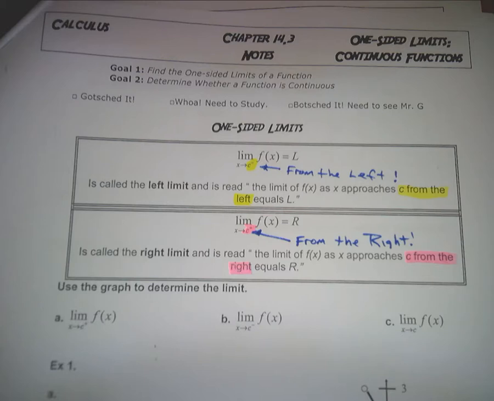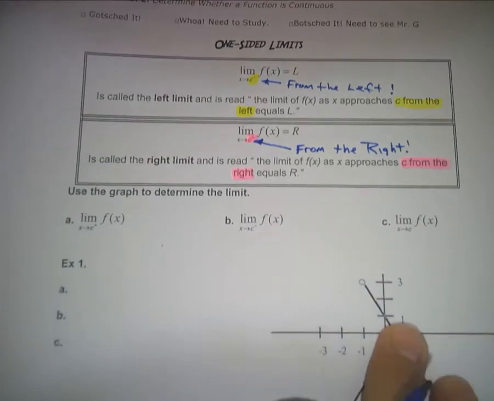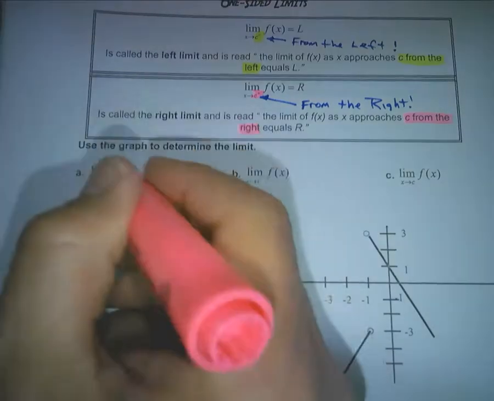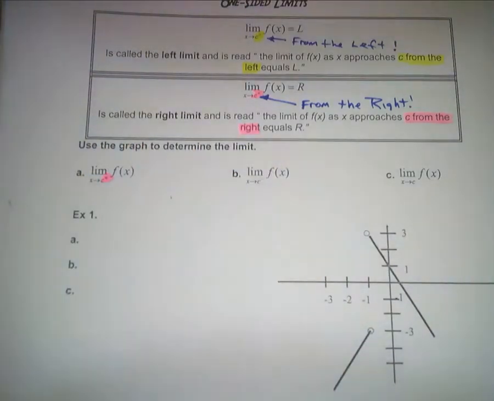Well, again, that's kind of how I've taught it. I never showed you a little negative or a little positive, but that's what they're doing, they're breaking it down and saying, hey, we could find a limit from the left side or from the right side. Okay, and that's what we have here. It says use the graph to determine the limit. So they're going to give you a graph, and they want us to find A, B, and C here. Okay, well, A has that little plus sign.